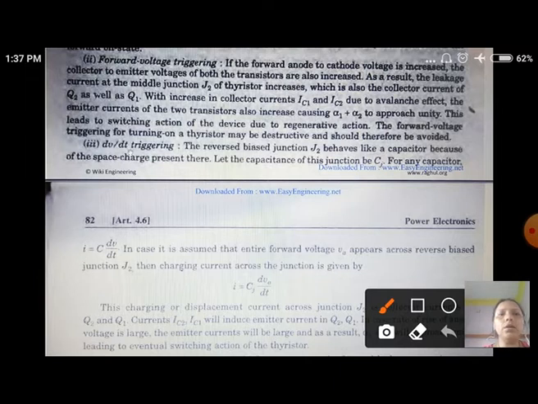As a result, the leakage current at the middle junction J2 of the thyristor increases. Here the leakage current at junction J2 also acts as the collector current for Q2 and Q1, which I already showed you in the circuit diagram representation of the two-transistor analogy.